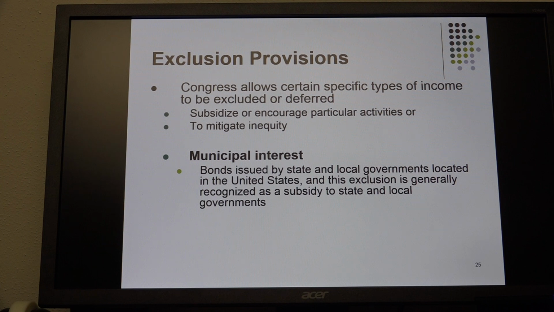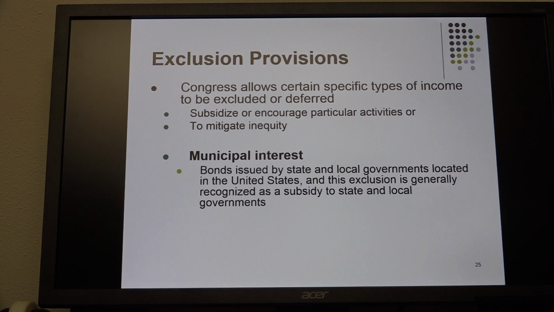And so again, what's municipal interest? Well, it's bonds issued by a state or local government located in the United States. So it doesn't deal with bonds issued by the federal government.